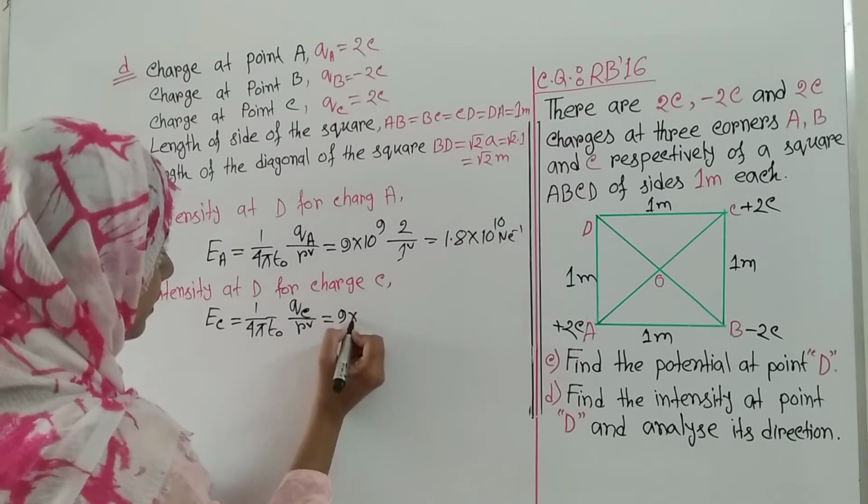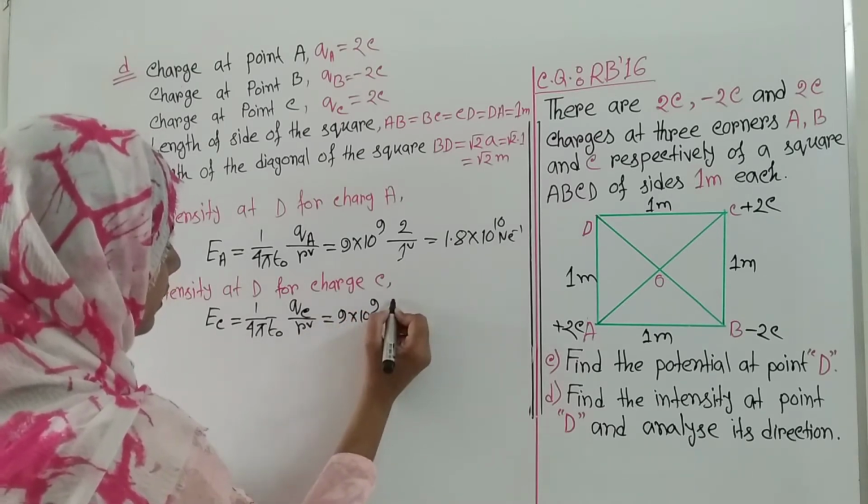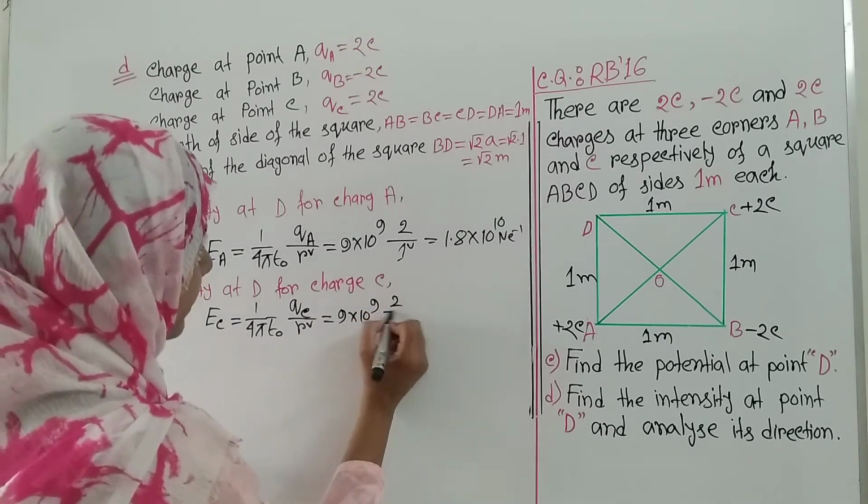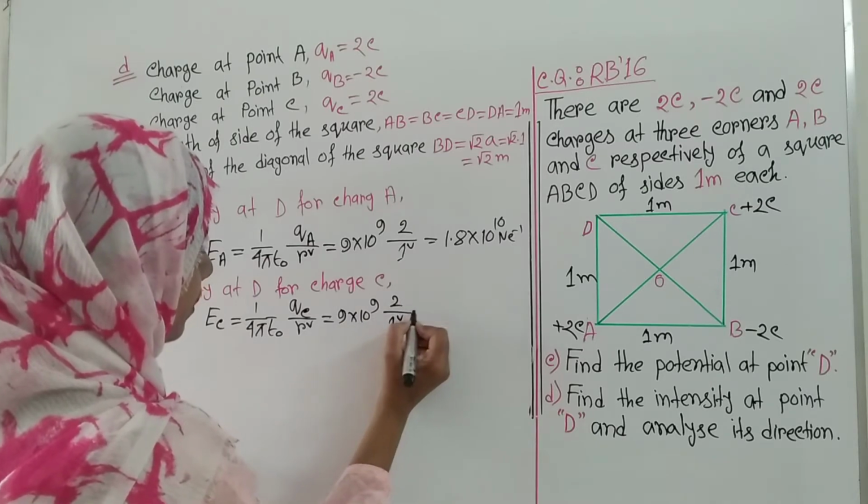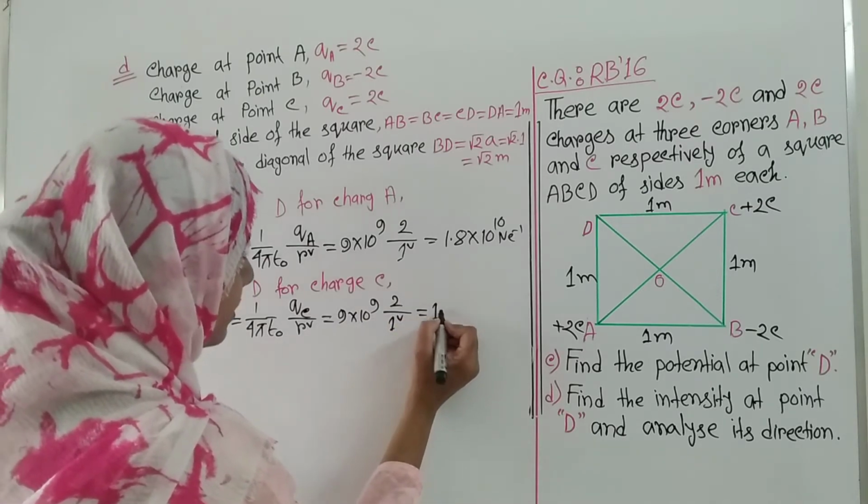Here QC is 2 and R is 1, so 1 square, that is we will get the same value here.